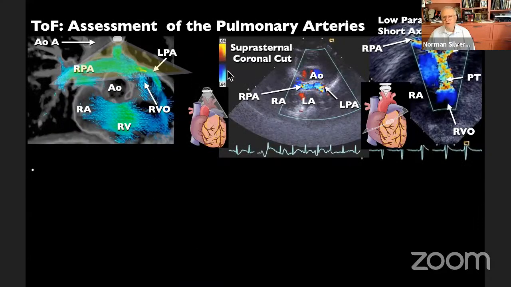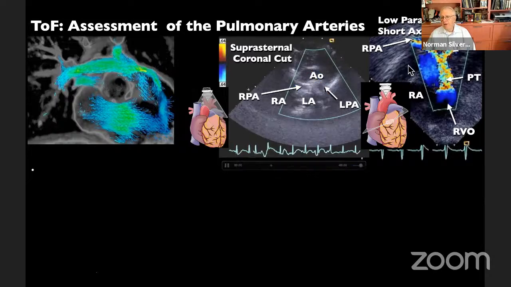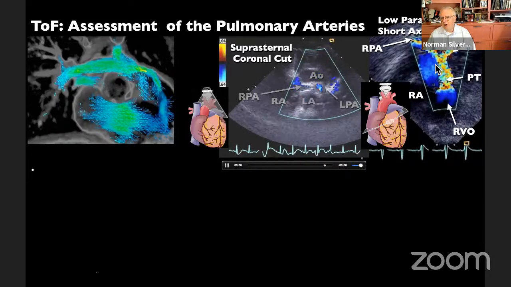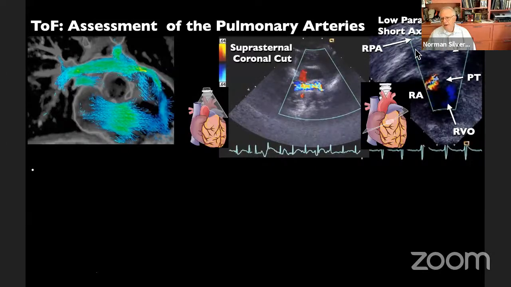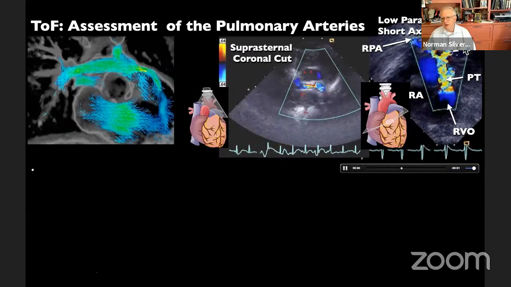Now we'll move into the branch pulmonary arteries, and we'll see the right and left pulmonary arteries on this 4D flow signal. We can see them from the suprasternal notch here on echo, and we can see the cut going into the right and left pulmonary arteries. And here the pulmonary arteries are seen to the hilum of the lung.